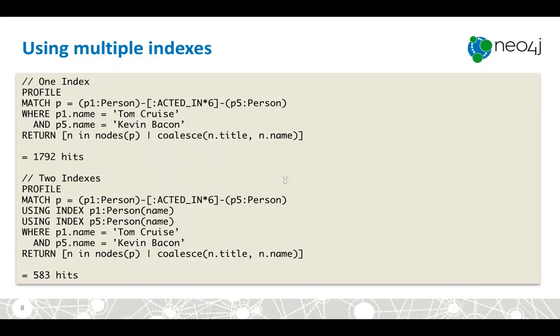So it's going to start at both locations, and then it will come to join in the middle at a point. So this limits the expansion from growing from 1 to 5 by simply finding starting points at both 1 and 5 and converging in the middle. And so this results in 583 database hits, a significant improvement. So using multiple indexes sometimes can improve performance quite significantly.